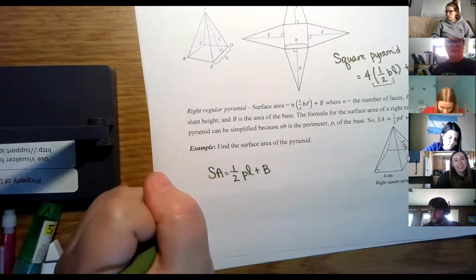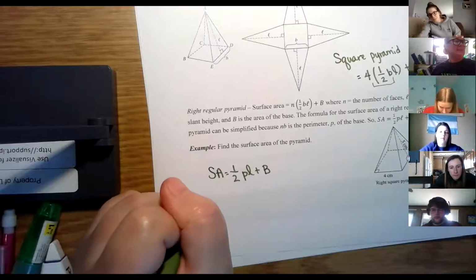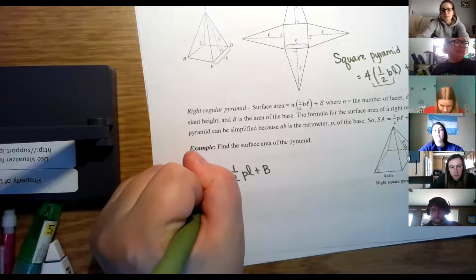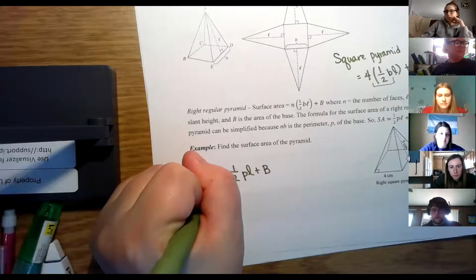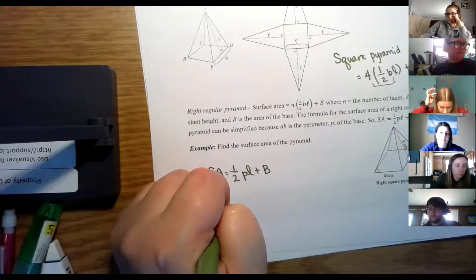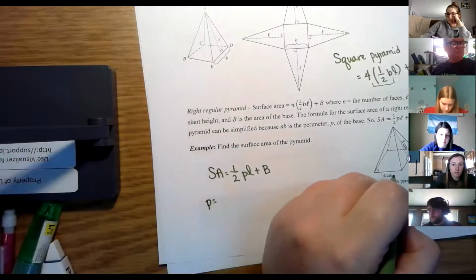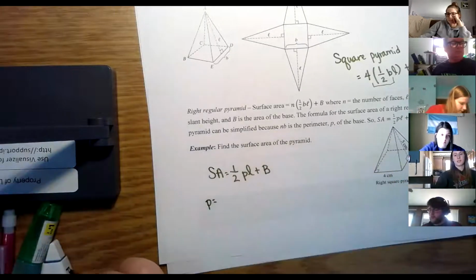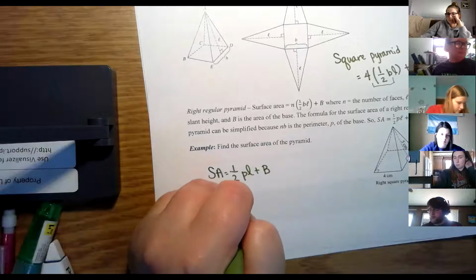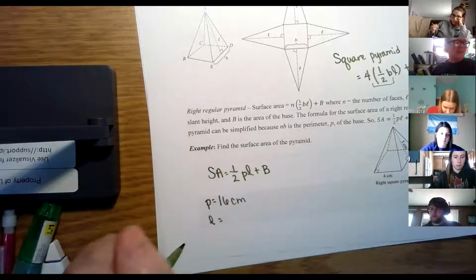We're getting things all over the map. All right, so what is the perimeter of the base? 16 centimeters. Whoops, it is 56. Never mind.